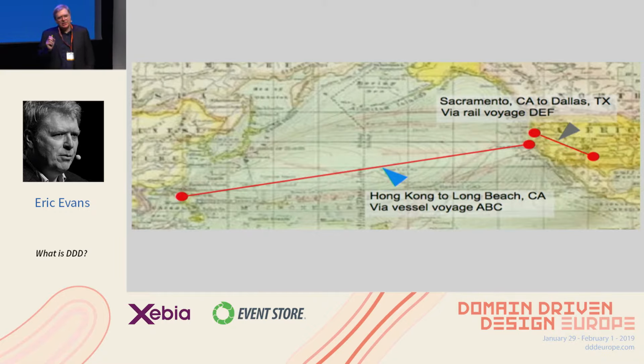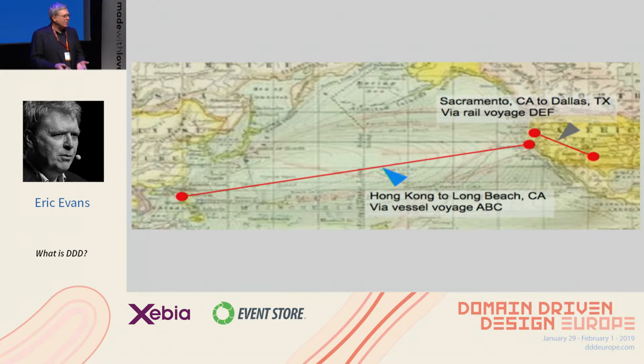So notice that now the cargo is unloaded in Long Beach, California, and then loaded onto the train in Sacramento, California, which is hundreds of miles away. So how did it get from Long Beach to Sacramento? Well, it wouldn't. If we had an actual itinerary like this in the system, they would follow the instructions of the itinerary.